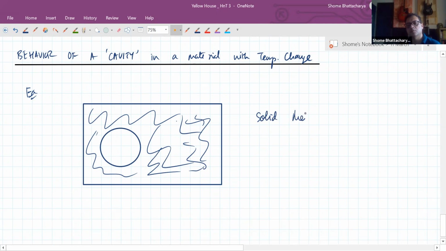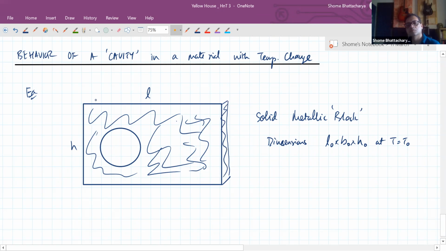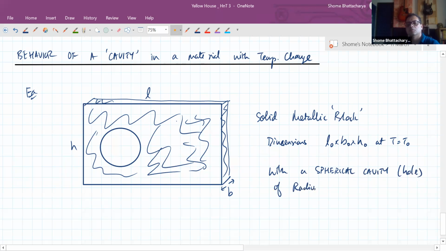So a solid metallic block which has dimensions, with a spherical cavity or hole of radius r naught at t equal to t naught.